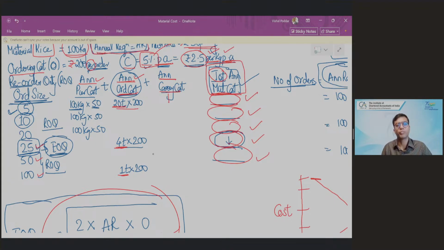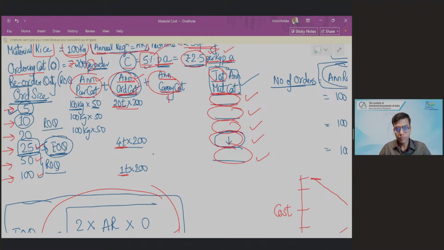Okay. Now, what is EOQ? Now we have all these options of reorder quantity. However, when we find out these costs and we make a total, because this is your total cost related to material, right? Your material cost, which we called landed cost in our previous calculation. If you observe the landed cost components, you'll find that it is made up of these three only: the purchase, the ordering, and finally the carrying.